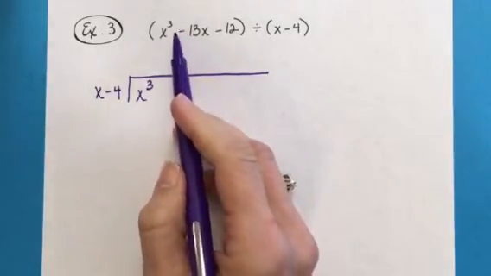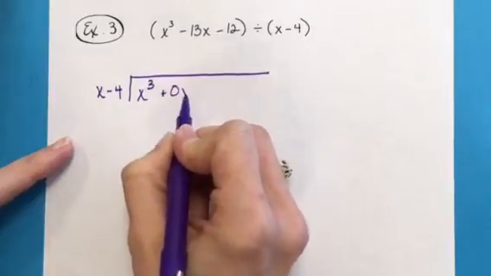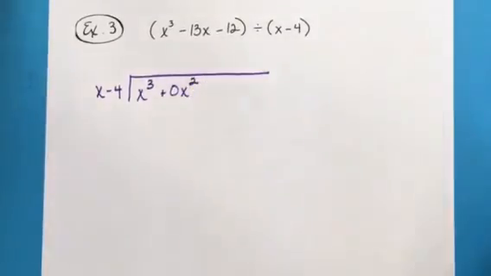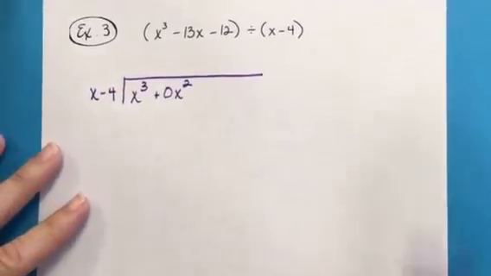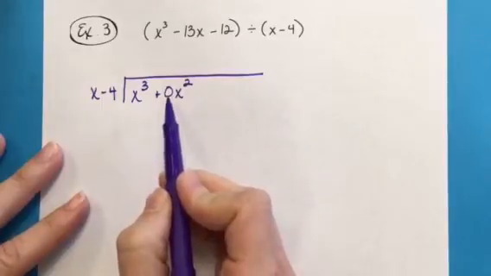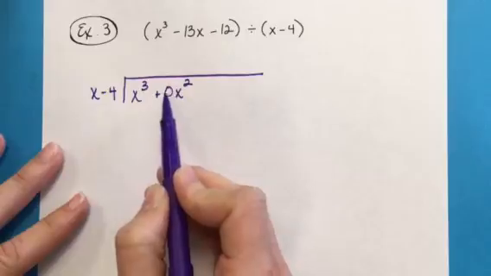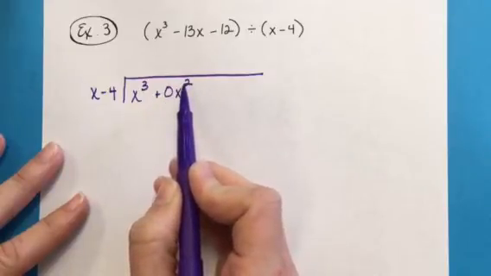And since this does not have x to the second power, you have to fill in for that term, like fill in the gap. So if that term is not here, then it's not there because the coefficient was a 0. Okay, so when you're missing a term, you're going to fill it in with plus 0x to whatever the power needs to be.